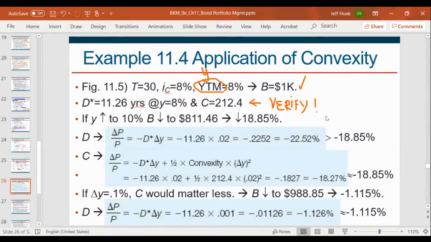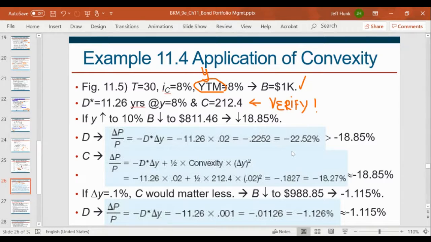It dropped by exactly 188.54 in dollar value. That's an 18.85% drop. So it overstates.